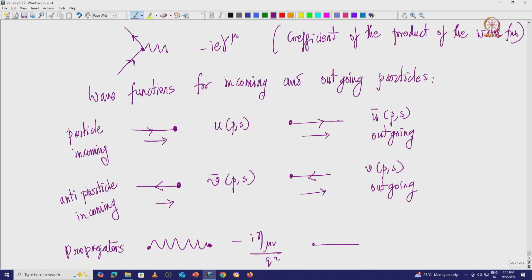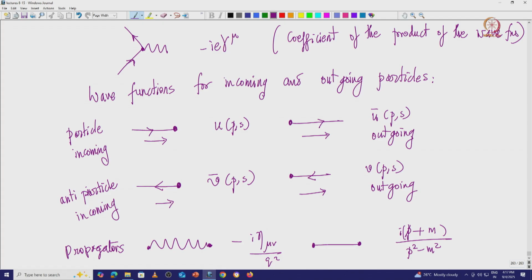The fermionic propagator, which contains both particle and antiparticle wave functions as projections, as we have seen, is p slash over p squared minus m squared. So these are your first QED Feynman rules, which you should remember, and these are all read out from the Lagrangian.